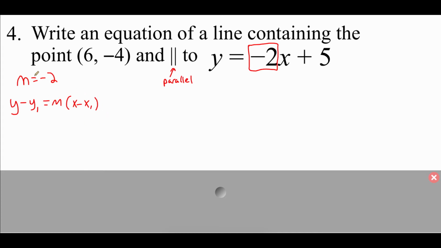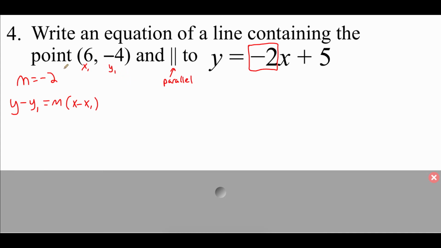The m value is your slope, and the x1 and y1 values come from the point that you're given. So if we look at this 6, negative 4 point, I'm going to label that. The 6 is my x1 value, and the negative 4 is my y1 value.